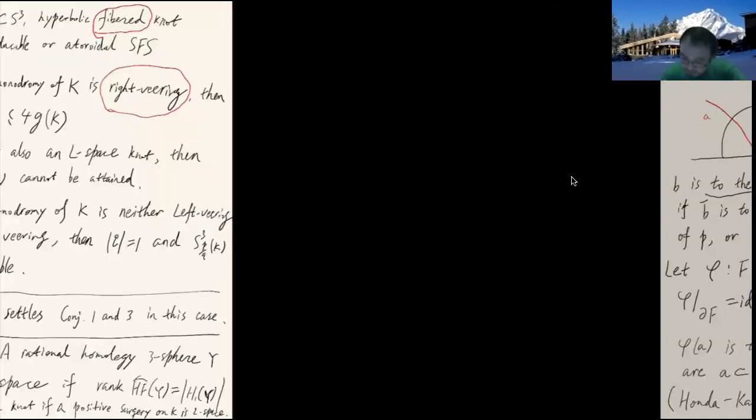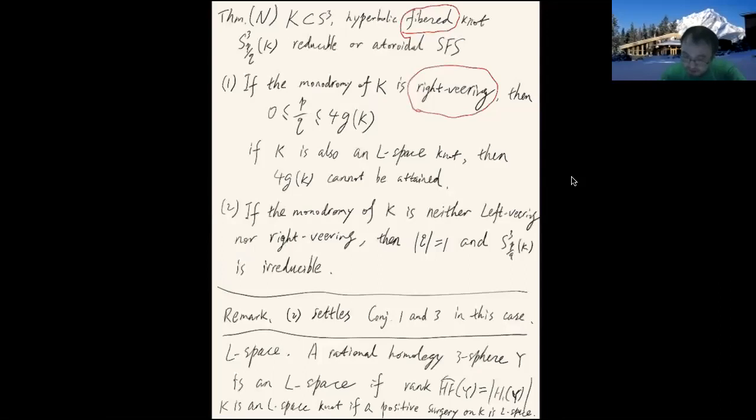So in this theorem, there are two conditions which are not easy to check in general. One condition is this fibered condition, and the other condition is the condition about right-veering. The first part is about right-veering, and the second part is about neither left-veering nor right-veering.